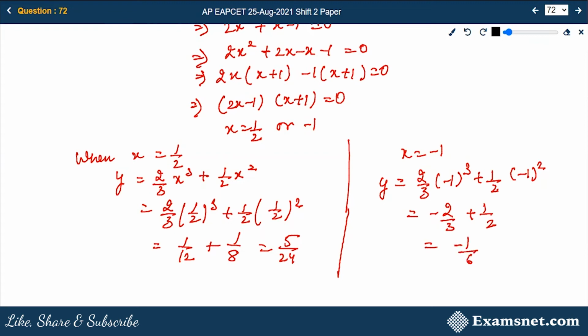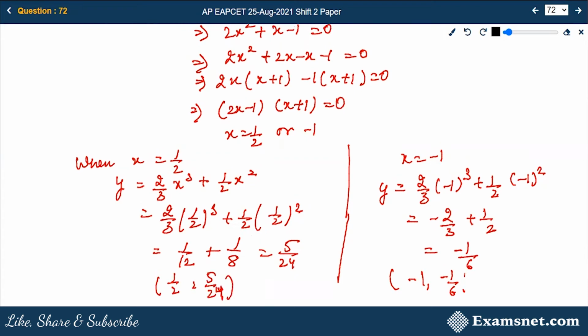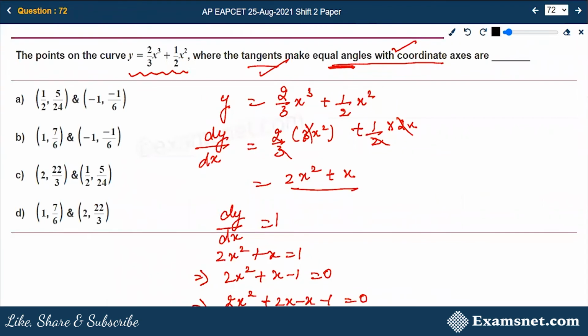So over here, the point will be minus 1, minus 1 by 6, and here the point will be 1 by 2, 5 by 24. So these are the points where the tangent makes equal angles with the coordinate axes. The correct option is option A: 1 by 2, 5 by 24 and minus 1, minus 1 by 6.